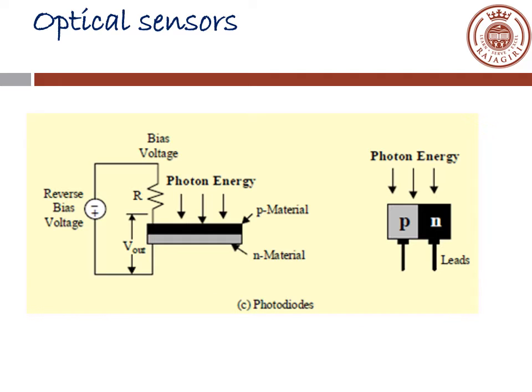The holes generated will move towards the anode, and the electrons will move toward the cathode, and that will cause a photocurrent to be generated. So that is the working principle of the photodiode.